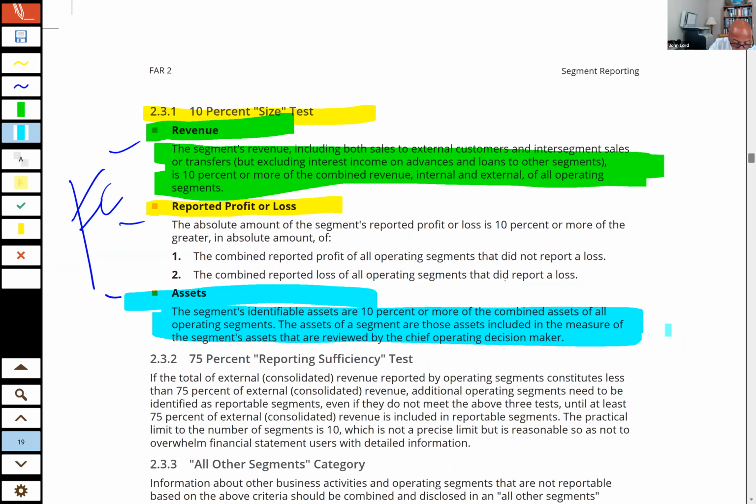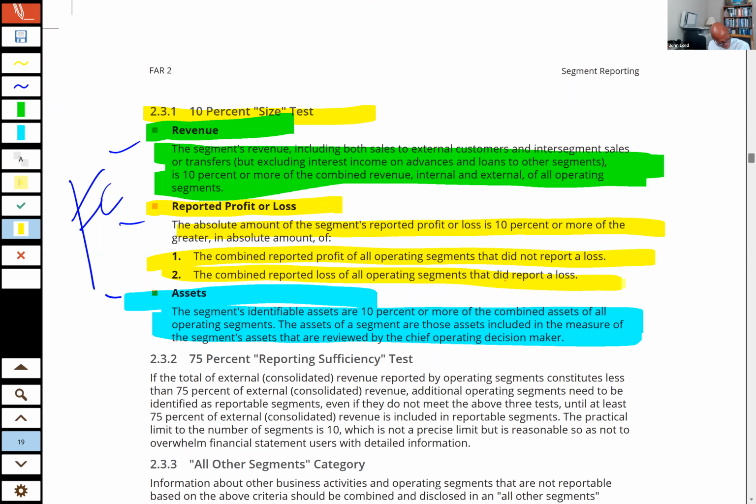And then the reported profit or loss test, what we do is we take all of our loss segments and we add them together. Then we take all of our profitable segments and we add them together, okay?